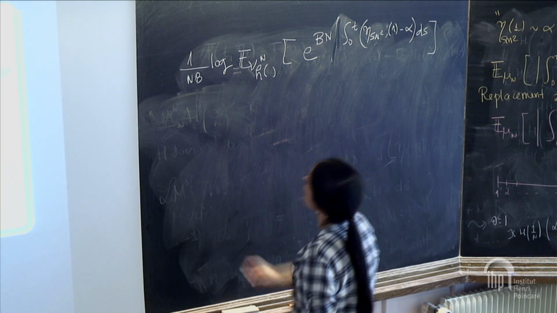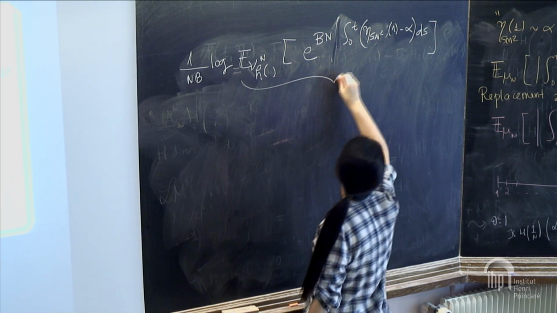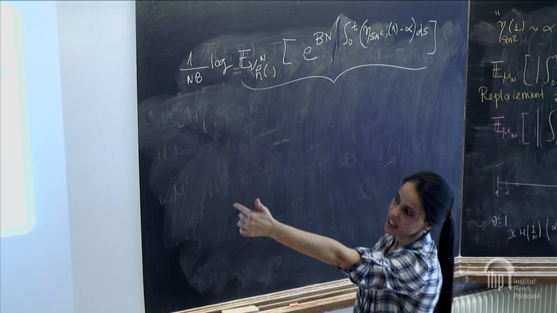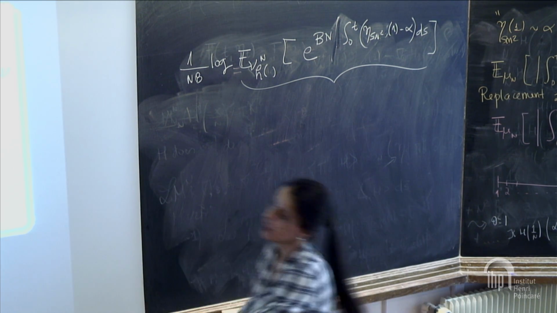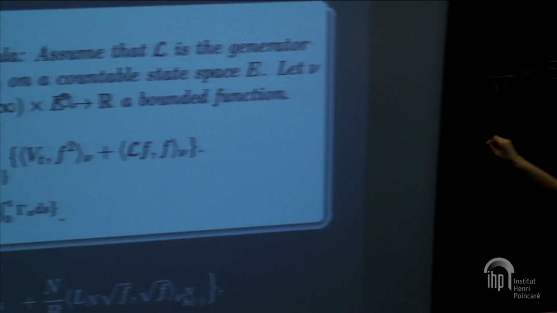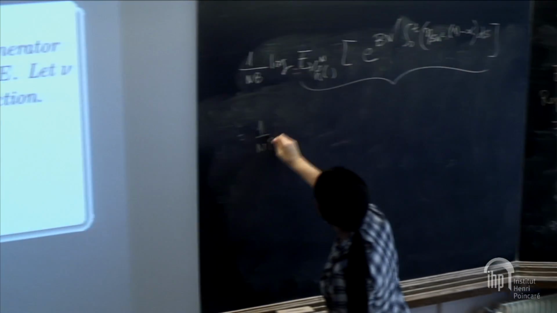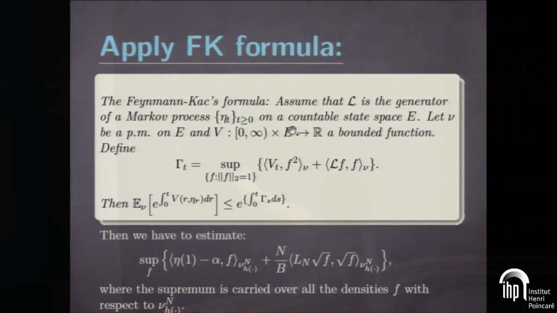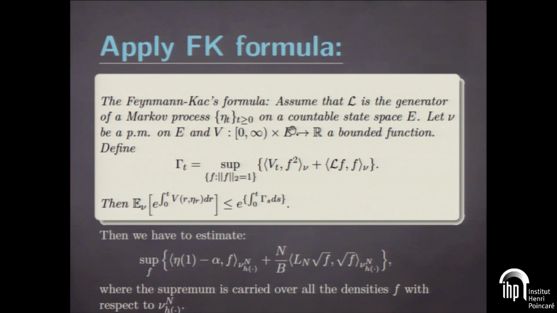So now this thing is bounded by, you see there is an exponential of a time integral of this gamma s. So when I have the log out, the log and the exponential will give me 1 over Bn times this sup over f.